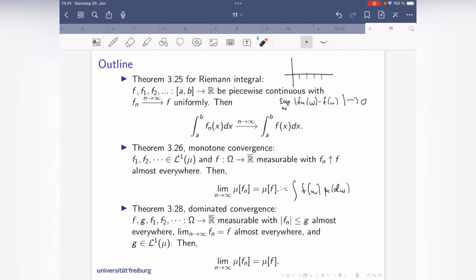The g doesn't appear in the result anymore, but such a g has to be there. Then we can again say that the limit of the integral is the integral of the limiting object. So here the limit is outside of the integral, and here the limit is the f, so it's inside of the integral. These are the two main convergence results that we will have today.